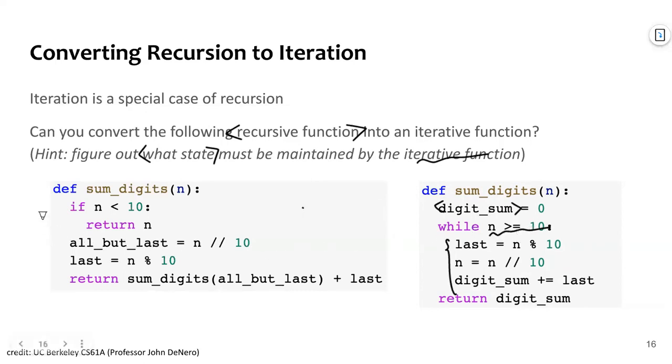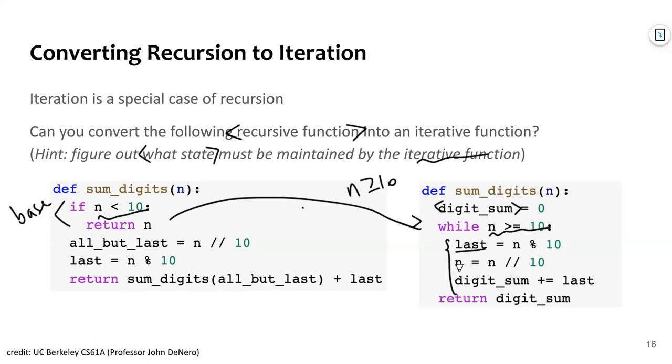So basically, in this case, we cared about the base case. And this base case was when n was smaller than 10. However, in this iteration, this is the opposite, right? We do this when n is larger than 10. And we're going to do the same thing. Split the number like less than n.